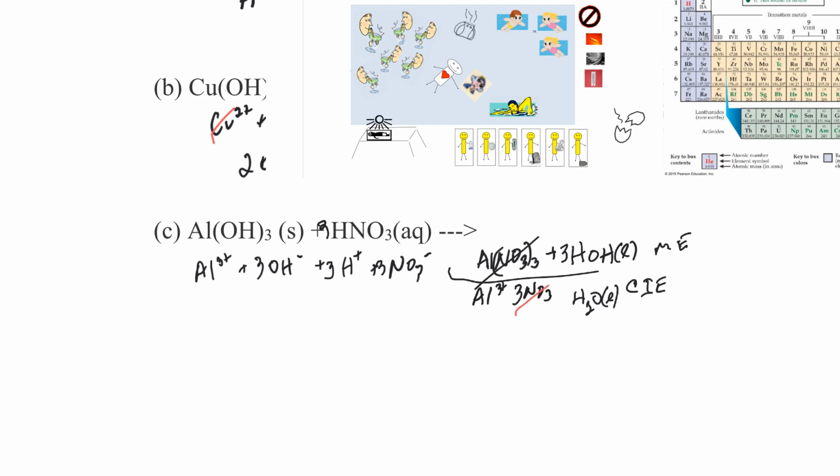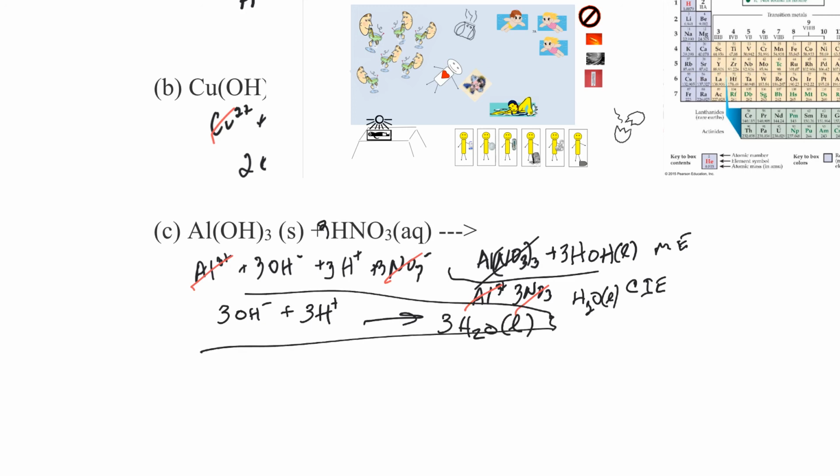I've got 3 NO3s, 3 NO3s, 1 Al, 1 Al. What's left over? Hydrogen plus hydroxide yields water. Okay, so that is my net. So I have 3 OH -1, plus 3 H plus 1 yields 3 H2O, liquid.